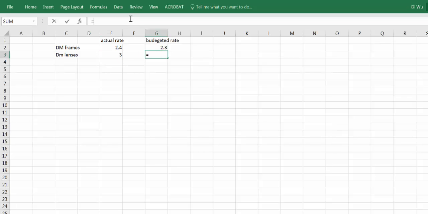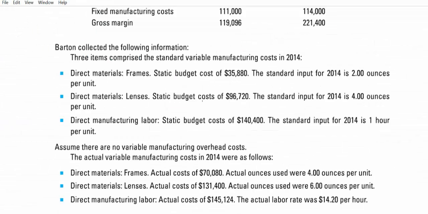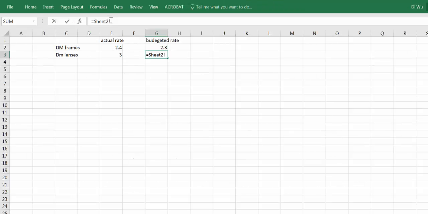Now for the budgeted rate, DM length is going to be this number, 96,720, divided by 4, divided by 7,800. Okay, so that's how I get that. So you get $3.1 per ounce. So now we can get back to the question.